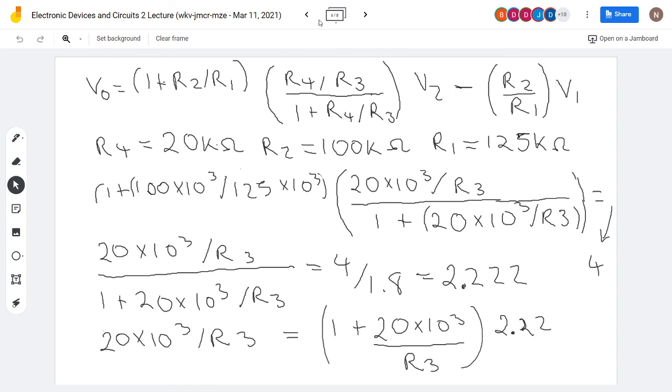Somebody write for me the output voltage of an integrator. The expression for the output voltage.